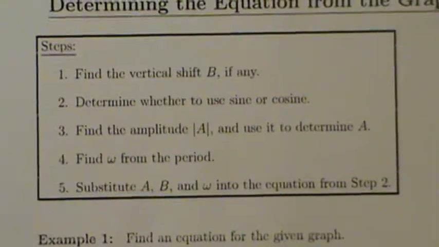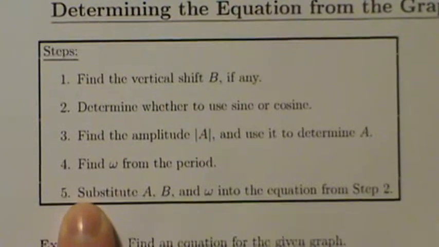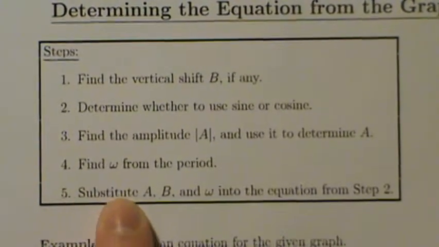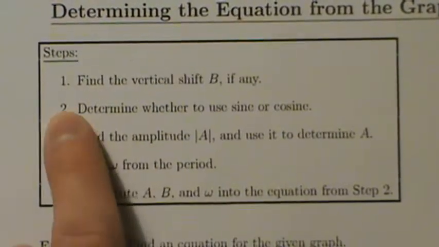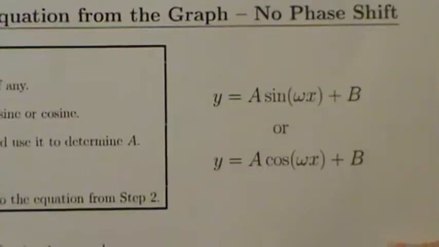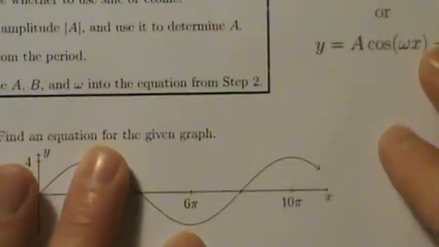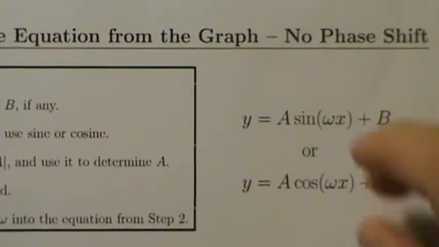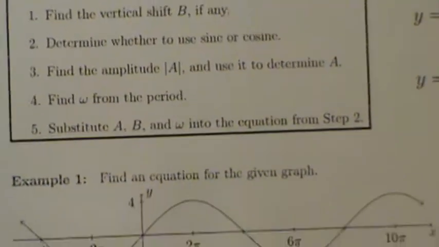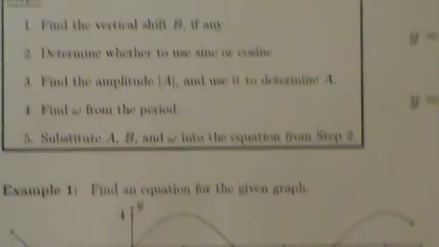And step 5, not really a real step, I guess, just put everything together. Substitute a, b, and omega into the equation you chose in step 2. So in step 2 you pick the one that's correct for the graph you have, and then in step 5 you put all the values, a, omega, and b, into the function you chose. Let's go through example 1 with these steps.